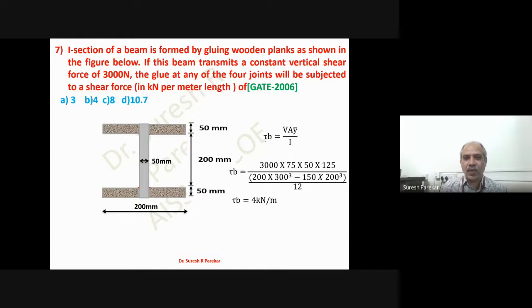So the formula is tau equal to V A y bar upon I B, but we are interested in kilonewton per meter, so we take B on this side. So tau B gives kilonewton per meter, provided the value of V is in kilonewton. Here we considered 3000 Newton and got this value in Newton per millimeter, which is nothing but kilonewton per meter.